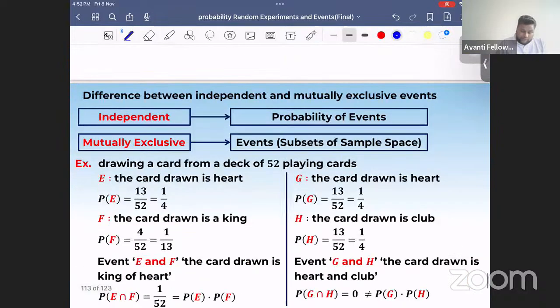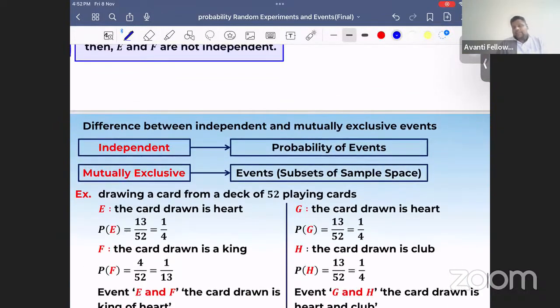Now, there's a very thin line between independent events and mutually exclusive events. Mutually exclusive events are the events whose simultaneous occurrence is impossible. That means if events A and B are mutually exclusive and event A occurs, it won't let event B occur. Got it?